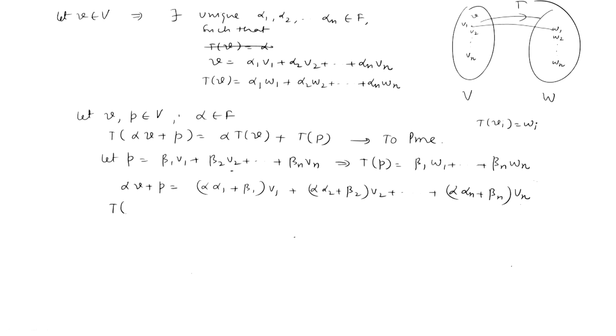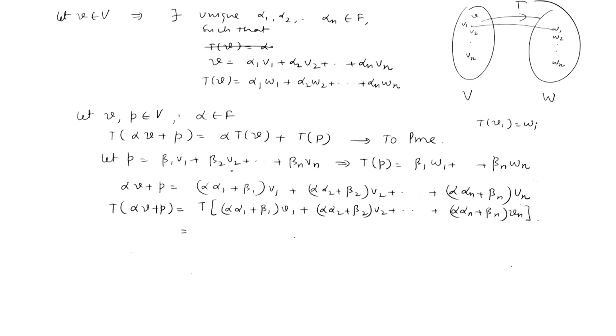And what is T of alpha V plus P? This will be T of alpha 1 plus beta 1 times V 1 plus alpha 2 plus beta 2 times V 2, and so on, alpha n plus beta n times V n.